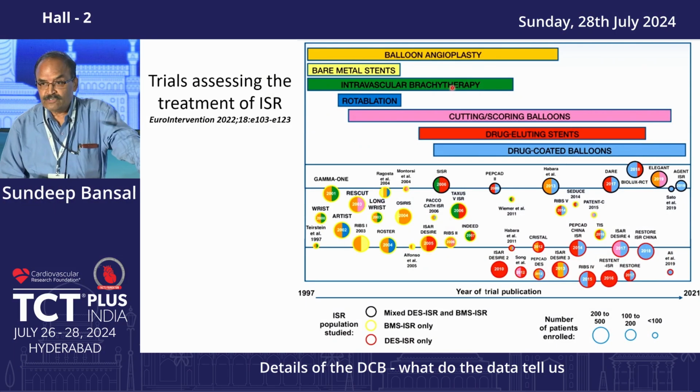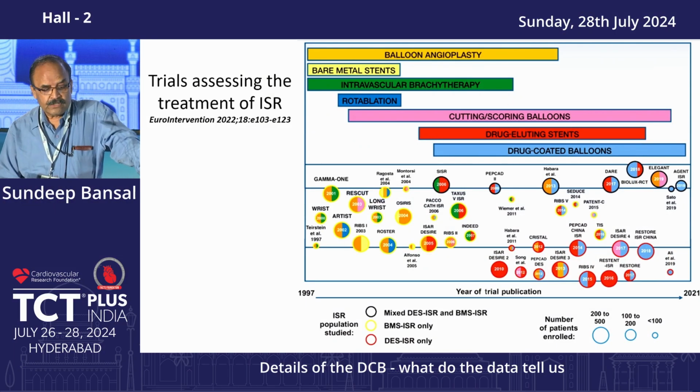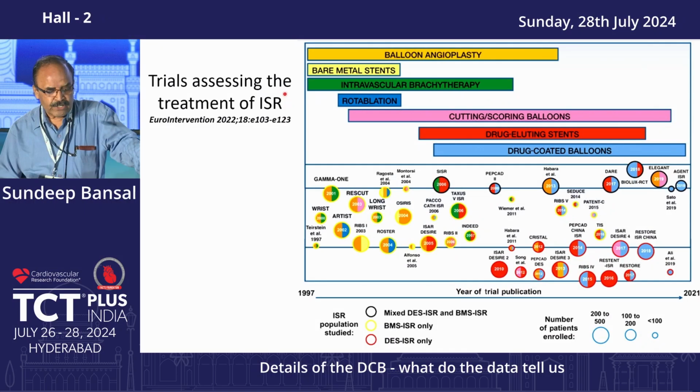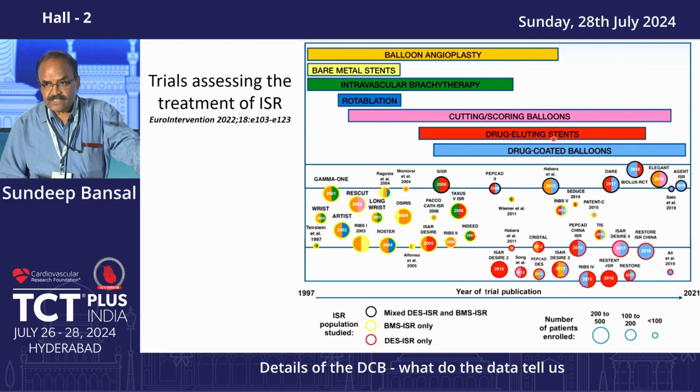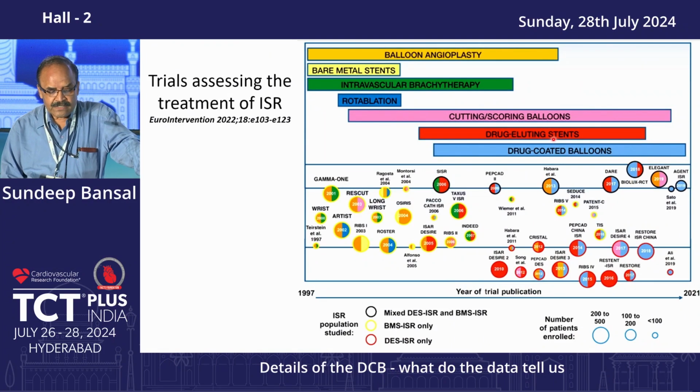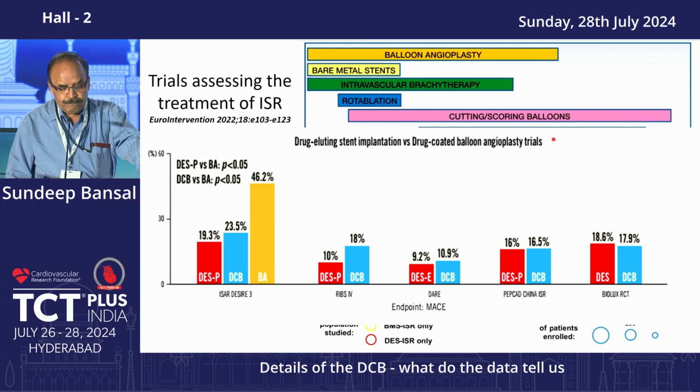You could compare it with a placebo, with balloon angioplasty, with having a stent reimplanted, usually not a bare metal stent, or you know, comparing it with drug-eluting stents. So there are a number of trials which have been conducted in the last 10 years.